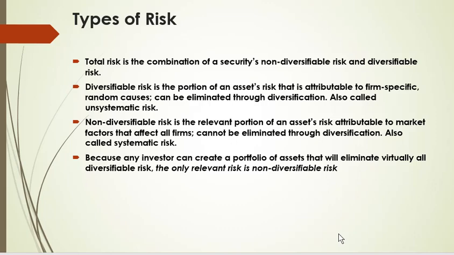Diversifiable risk is stuff that's attributable to firm-specific causes. Could even be industry-specific causes. But these things get eliminated through diversification. It can also be called unsystematic risk, or firm-specific risk, or company-specific risk.